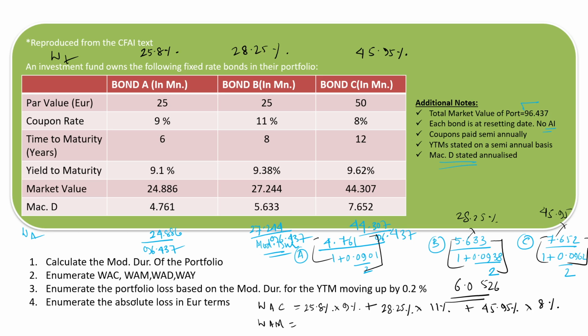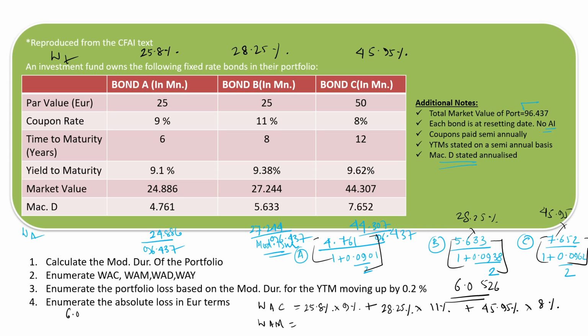Now we have been asked to enumerate the portfolio loss, assuming that there is a movement in the yield curve of the security by 0.2%. So 0.2% on the plus side, that is what will yield us a loss. We have already found out the modified duration, which is 6.0526.